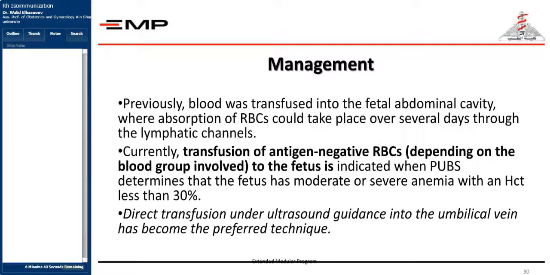Currently, the transfusion of antigen-negative red blood cells, depending on the blood group involved, to the fetus is indicated when the blood sample from the umbilical vein determines that the fetus has a moderate or severe anemia with a hematocrit less than 30%. Direct transfusion under ultrasound guidance into the umbilical vein has become the preferred technique.